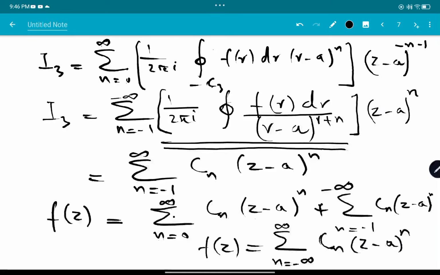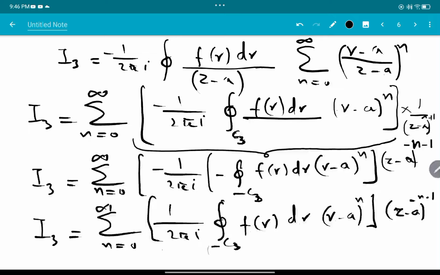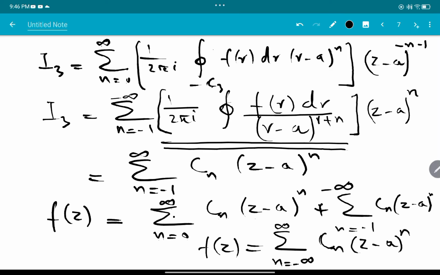Once again I tell you that basically this n does not have non-integral values. It is an integral value. This means that these two cover all the integers from minus infinity to plus infinity. This is the expression, and see why it differs from the Taylor series expansion. There you start from 0 to infinity. Here you start from minus infinity to plus infinity.